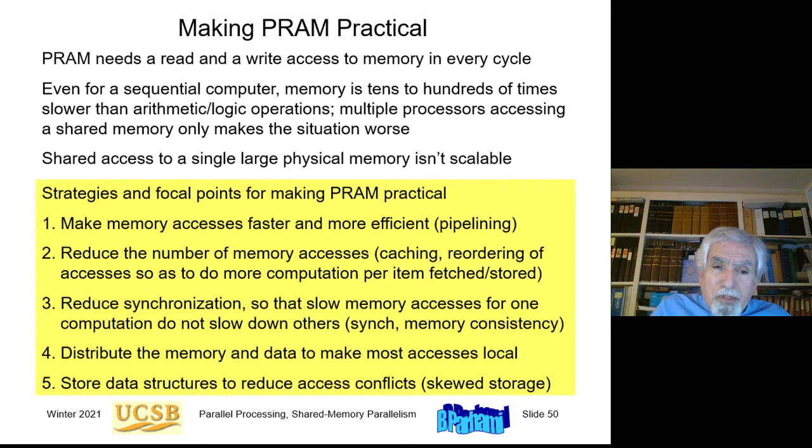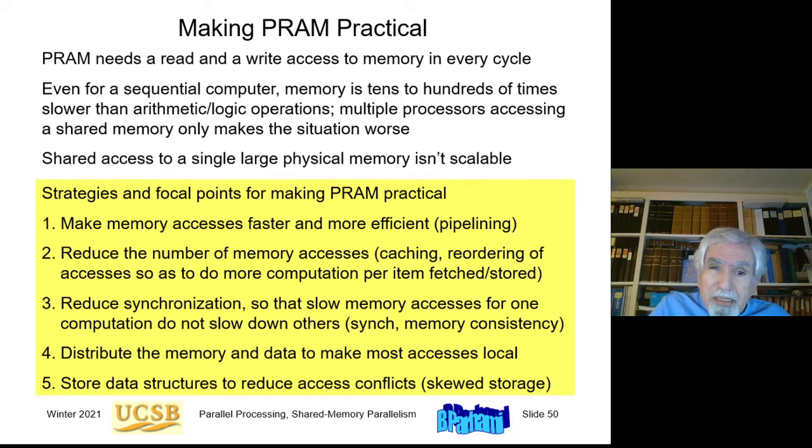So here are some strategies for making the PRAM model practical or memory scalable. First, make memory accesses faster and more efficient through methods such as pipelining. We'll see how this is done. Reduce the number of memory accesses by providing caching of data near the processor.